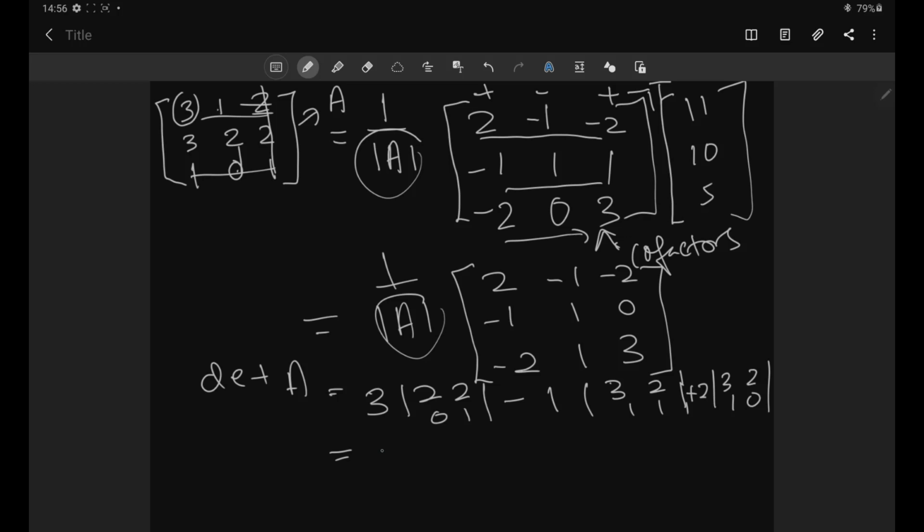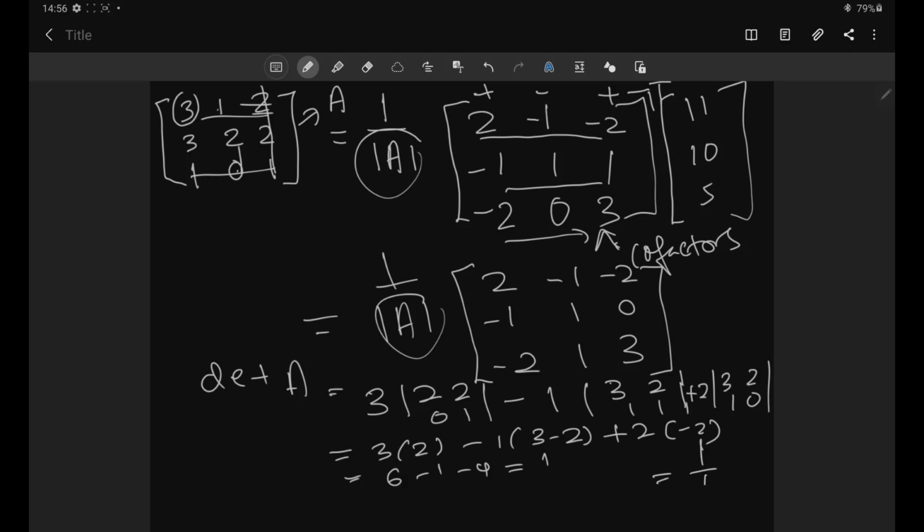Okay, it can be 2 times 1, 2 minus 0 will be 2, minus 3 times 1, 3 minus 2, plus 2 times 3 times 0, 0 minus 2 times 1, 2. So it can be here 6 minus 1 minus 4 equal to 1.